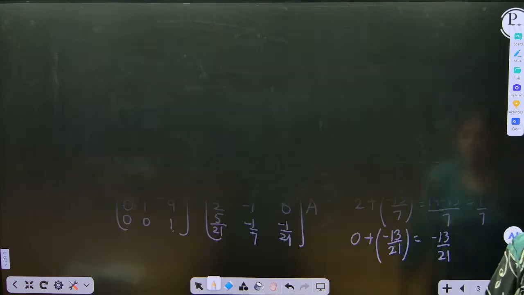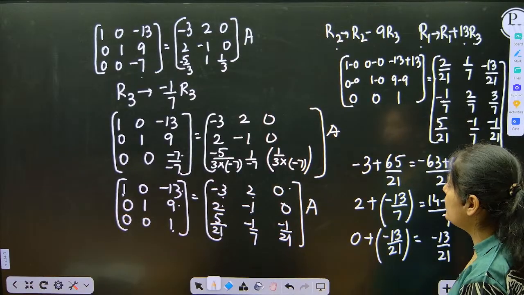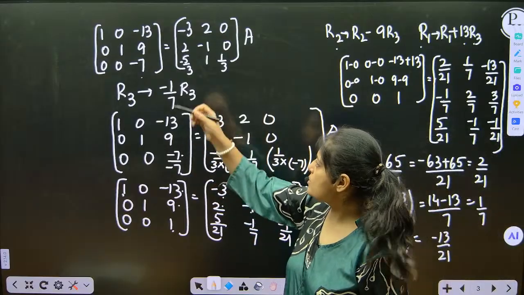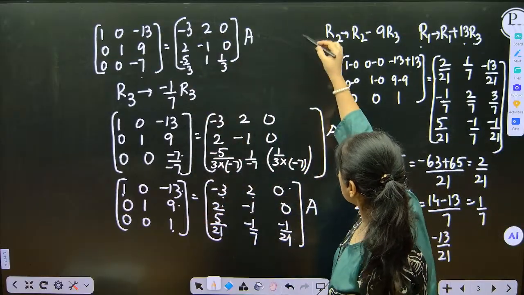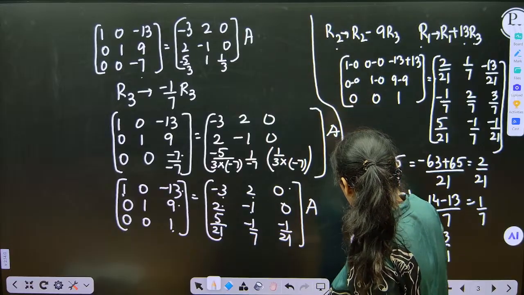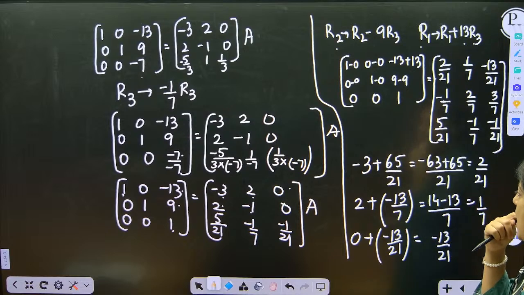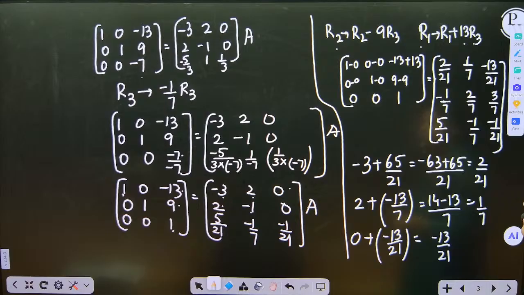Those who have skipped any step can view the video once again and complete their notes. Then write these. Left side first, right side later on.